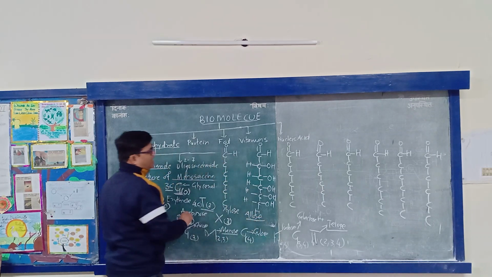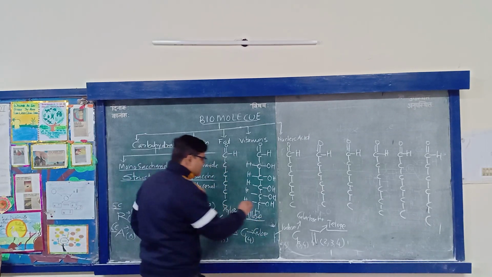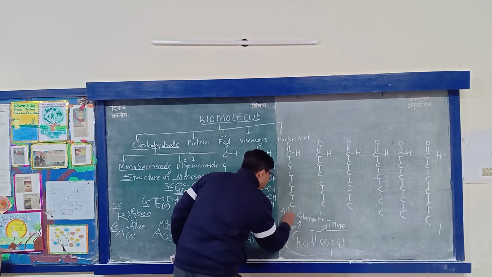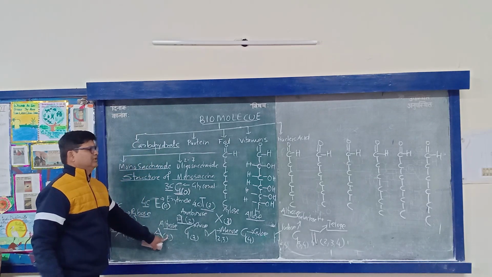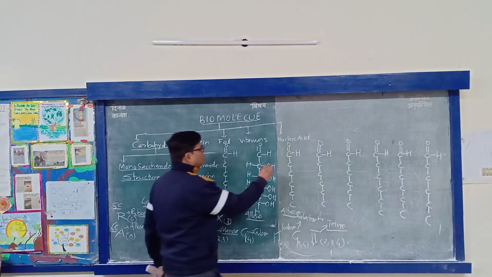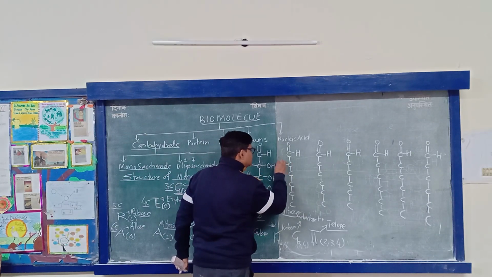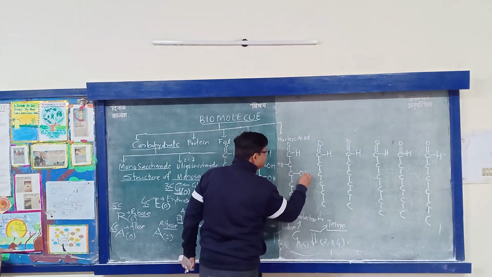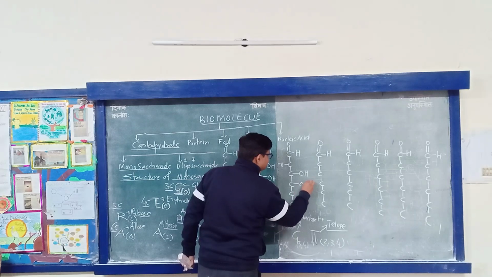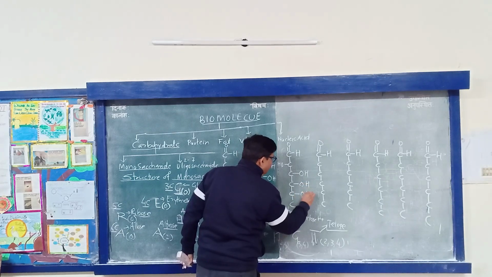Now I am going to the next one, that is altrose. How can you draw it? Just remember 2. So you draw the carbon chain, and at carbon number 2 the hydroxy group is on the left side. The rest of the hydroxy groups are present on the right side.